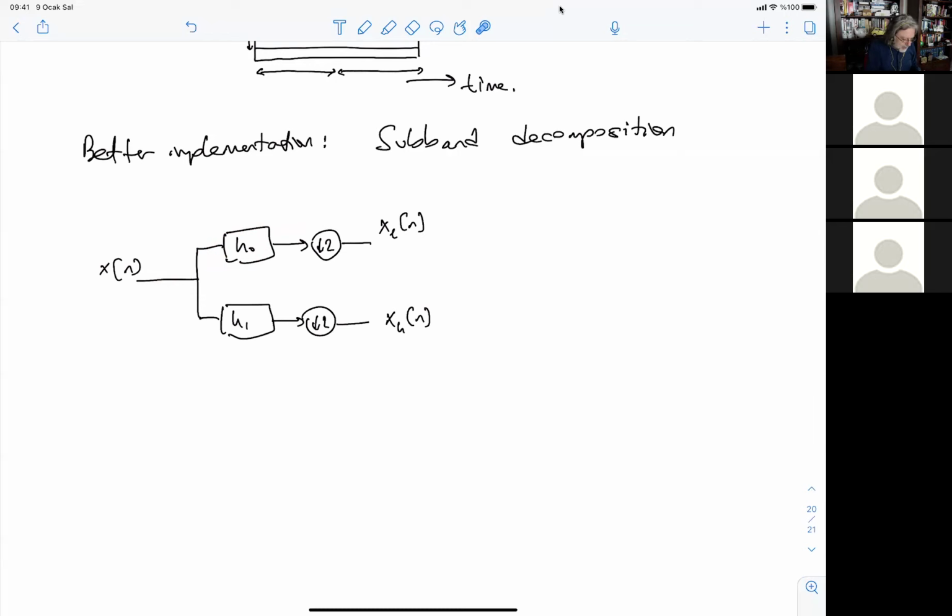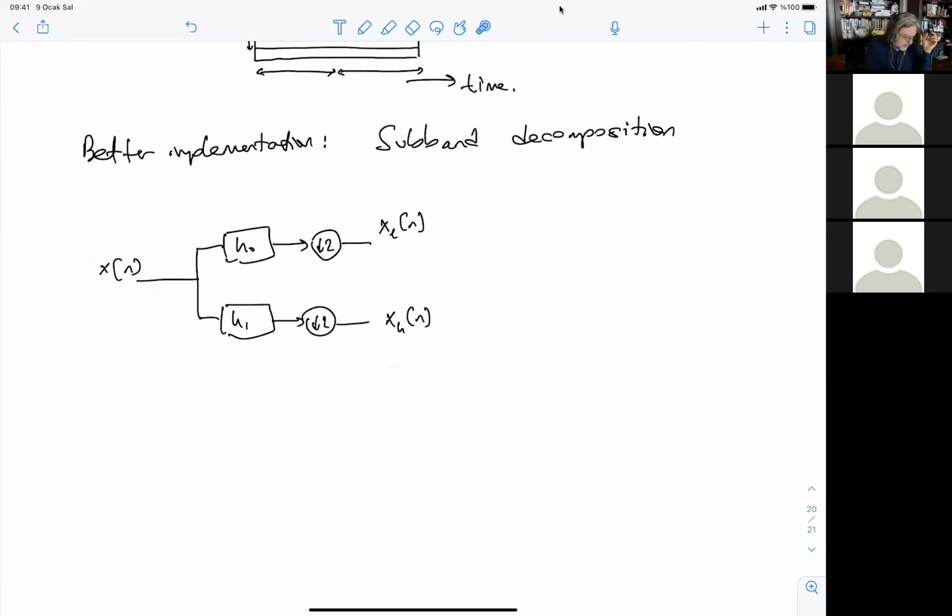So the length here is capital N, and the size here is also capital N, more or less. And after downsampling, the length of this will be N over 2. And the same thing happens here. The length of XH will also be equal to N over 2. And when you combine these two, then N over 2 and N over 2 combined will give you length N. So it will not be inefficient in another way. Okay?